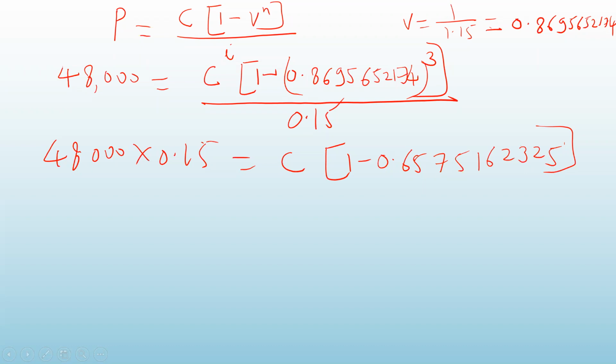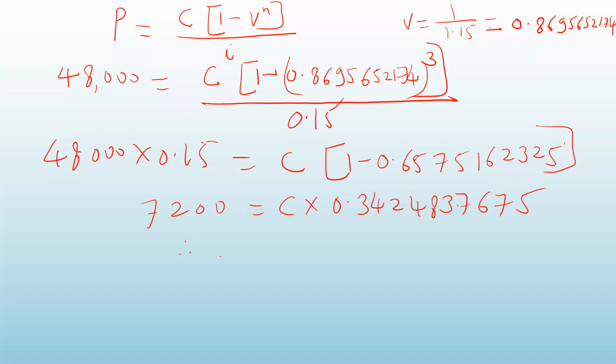When you subtract it from 1, you will get 0.3424837675. And the left hand side is what? 48,000 multiplied by 0.15. That gives you 7,200.